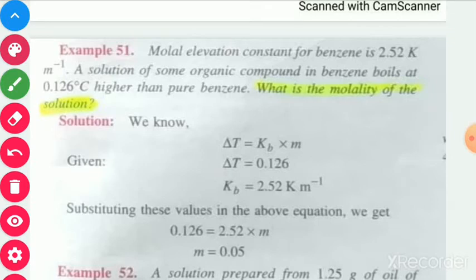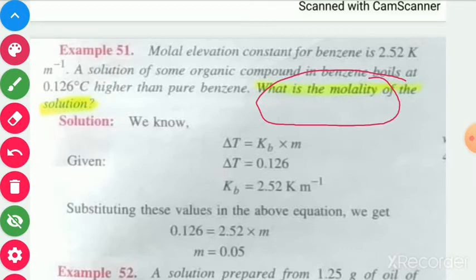What is the molality of the solution? Here in this question we have to find out the molality of the solution. From the question, the given values are delta T is 0.126, Kb is 2.52 Kelvin per mole.